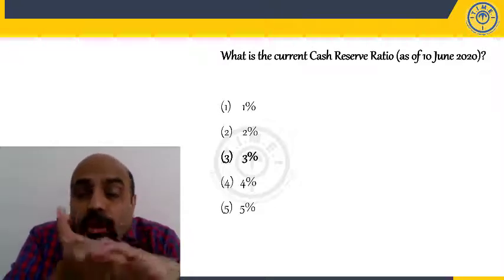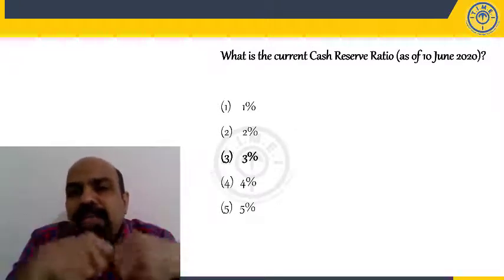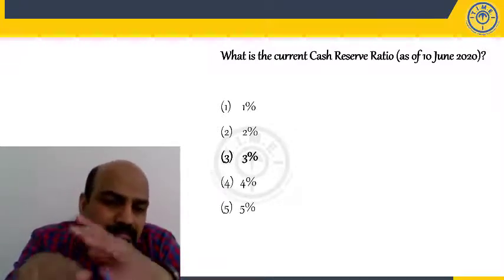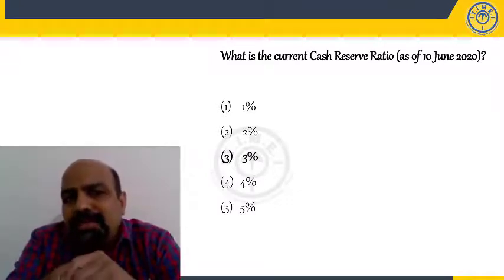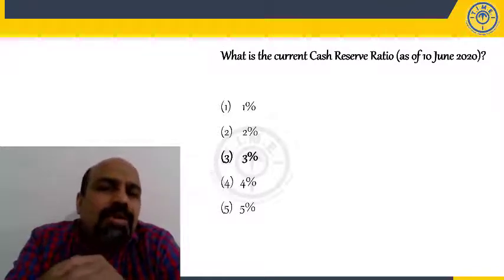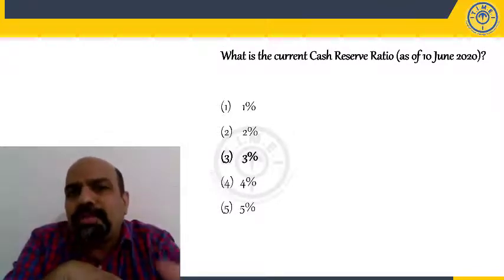This is the goal behind decreasing CRR. They are flushing the market with a lot of money in the system. There are problems with higher money supply. Inflation is a reason, but inflation today is not a major issue because the government wants to stimulate the economy.